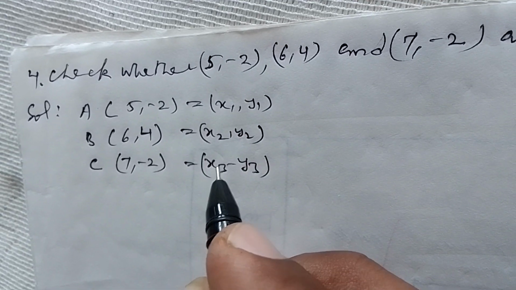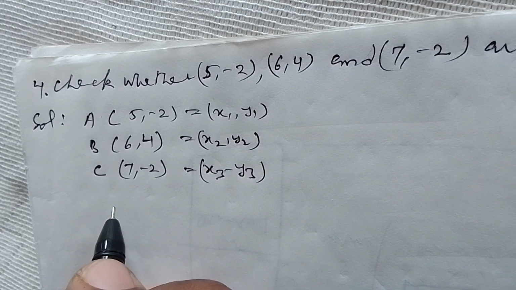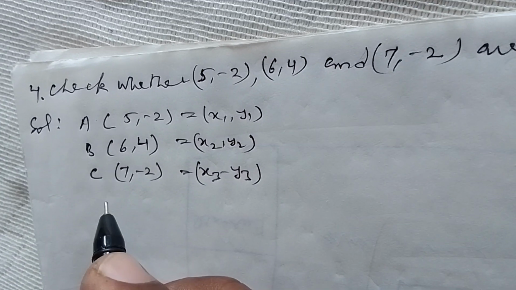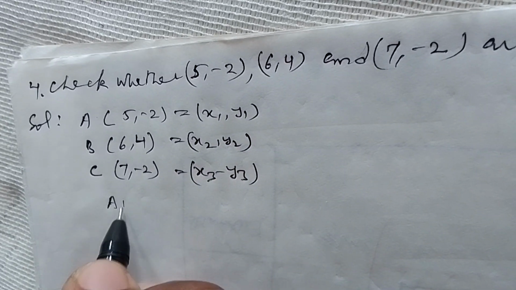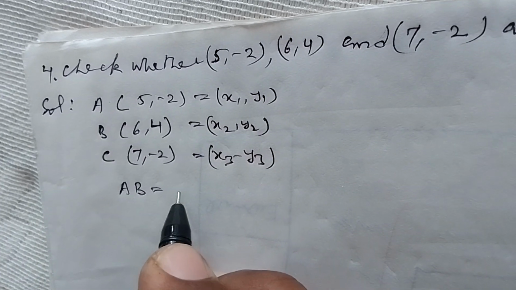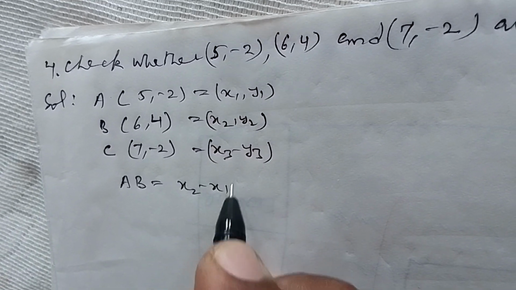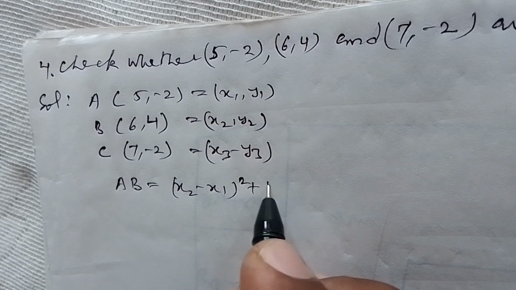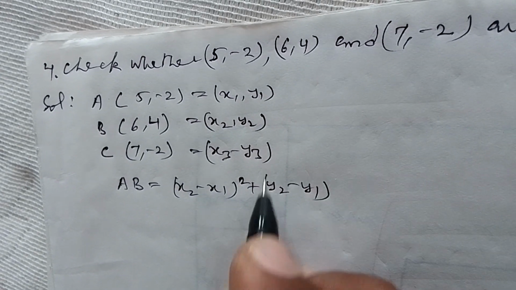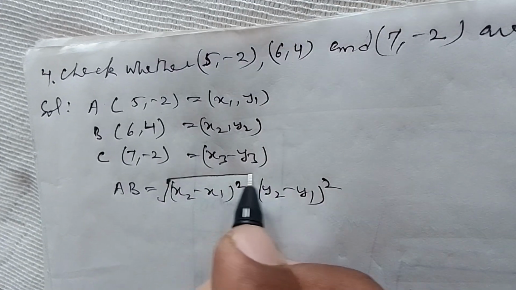So we use the same distance formula to calculate the distance between the points. First AB: the square root of (x2 minus x1) squared plus (y2 minus y1) squared.